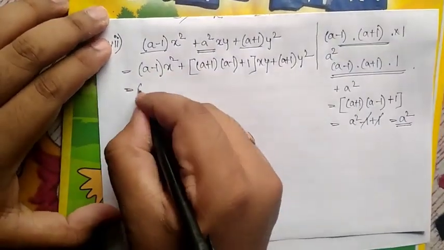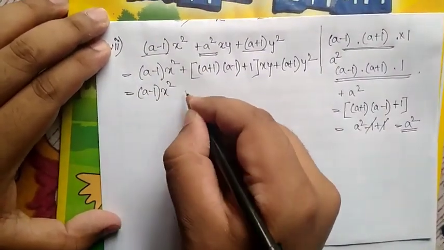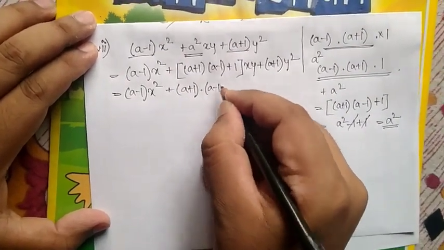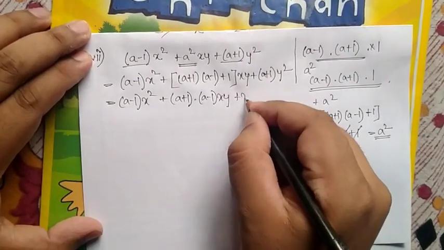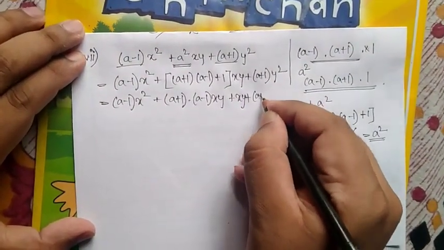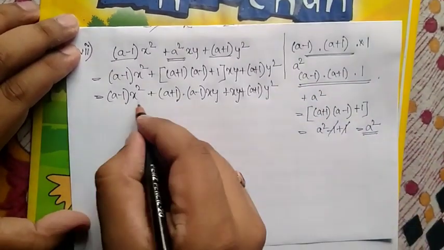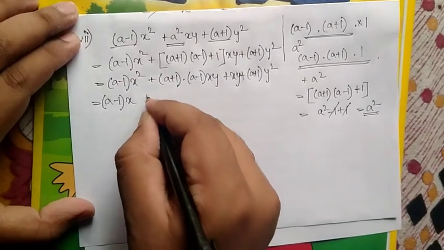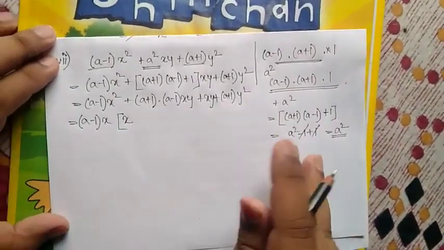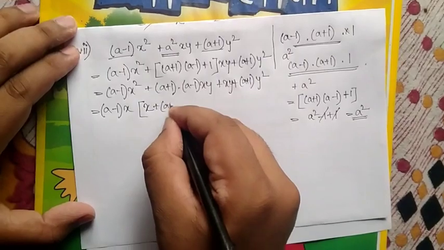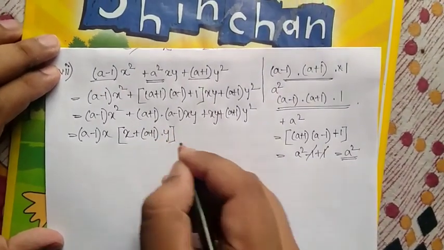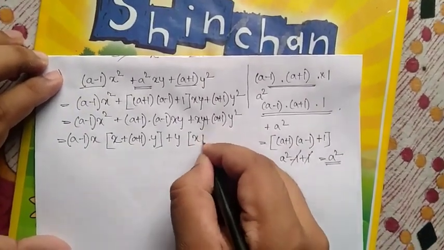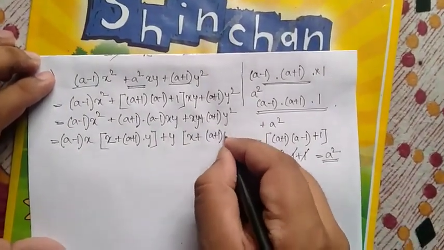Now a minus 1 x square plus a plus 1 into a minus 1 into xy plus xy plus a plus 1 into y square. Therefore we can take common a minus 1 into x, so the remaining part is x plus a plus 1 into y. After that we can take common y, so the remaining part is x plus a plus 1 into y.